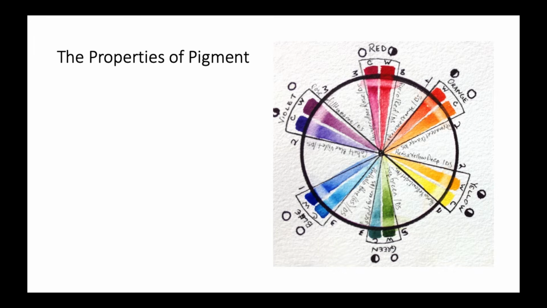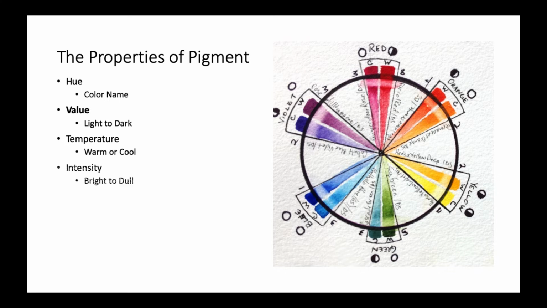So as a reminder, the properties of pigment is kind of our overview of the course. We've already discussed hue, which is the very specific color name for a pigment. Value is what we're going to focus on today. It's the range from light to dark. In future lessons, lesson 3, we'll talk about temperature and intensity, 2 properties that are interconnected but also independent.